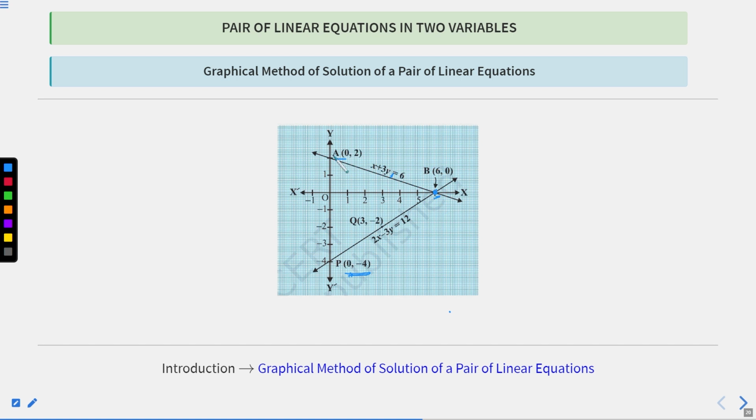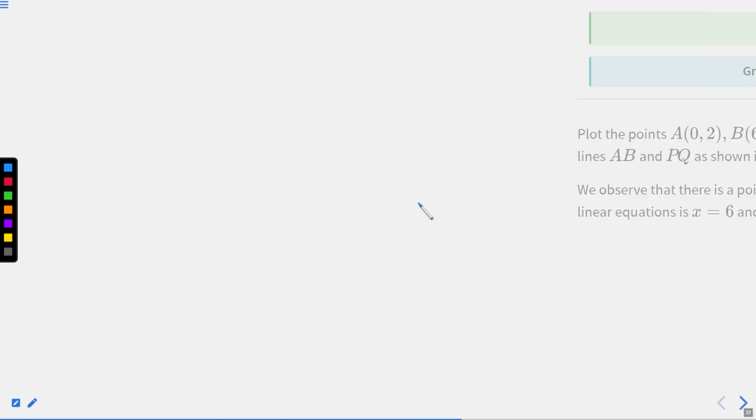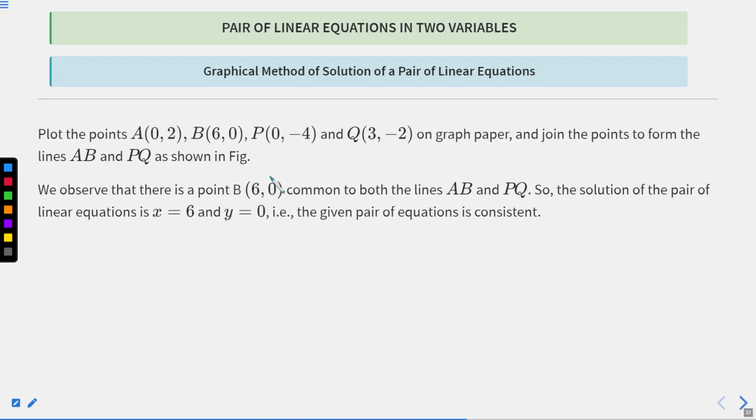After plotting the points A 0 comma 2, B 6 comma 0, P 0 comma minus 4 and Q 3 comma minus 2 on graph paper, join the points to form the lines AB and PQ.